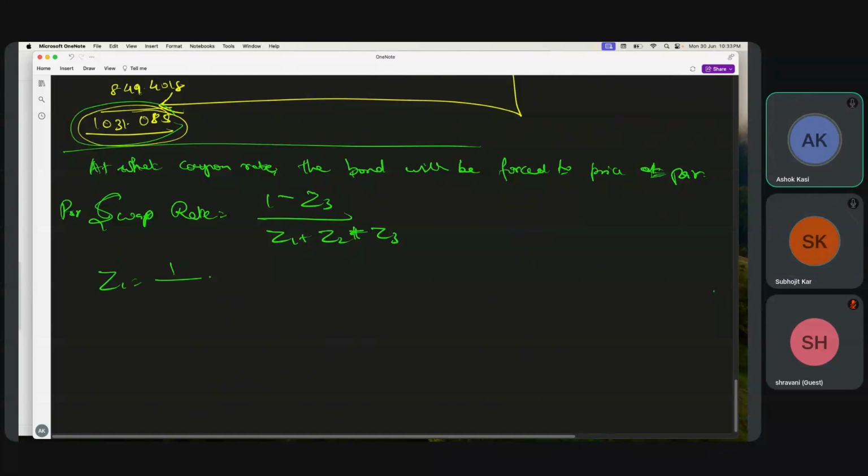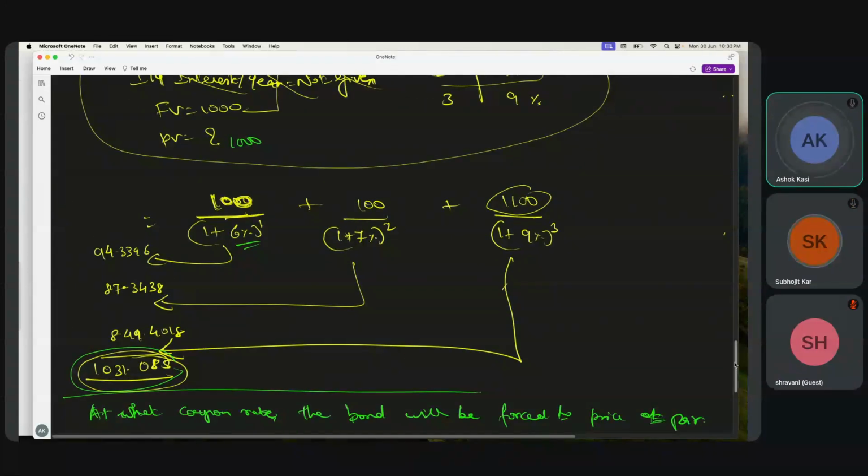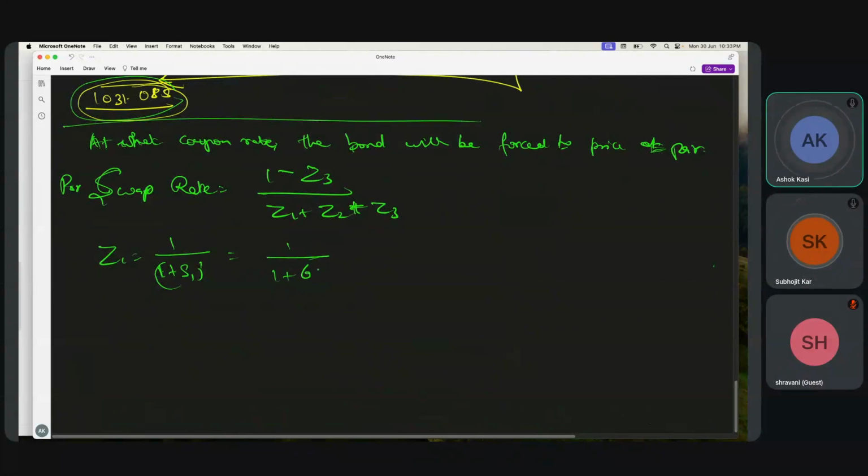Z1 is the inverse of spot 1. The spot 1 rate is 6%. So 6% raised to 1, just calculate this and keep it in store 1. It's 0.9433.